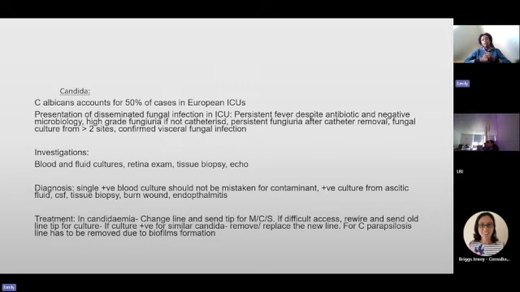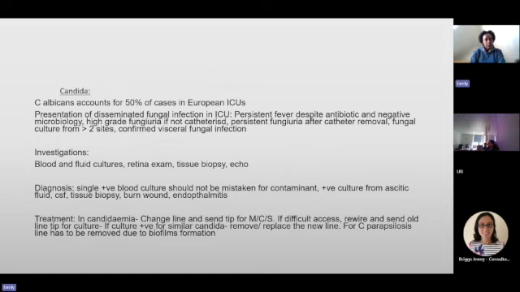The other way you diagnose is doing cultures of all the other fluids which you suspect, like ascitic fluid, the CSF, tissue biopsies that have been done, or those burn wounds. If you see your patient has endophthalmitis as well, start thinking that there's a likelihood that this patient then has Candida and needs treatment.